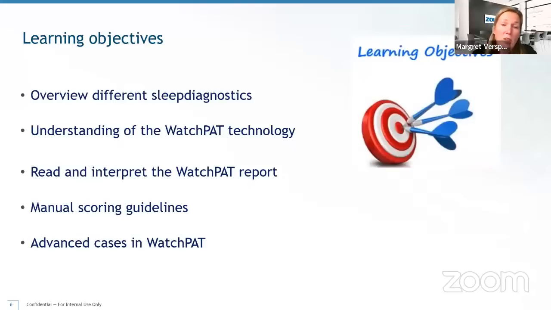I heard from the organization that we have a different audience, with a lot of people from the sleep medicine field, and also beginners who never heard about the WatchPAT and sleep diagnostics in general, and others who are really into the diagnostics of sleep. So it will be a basic and broad introduction.